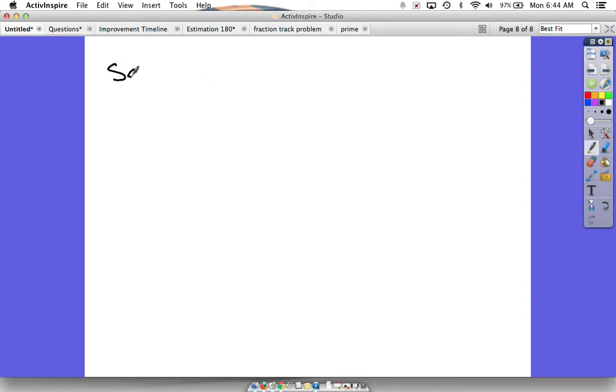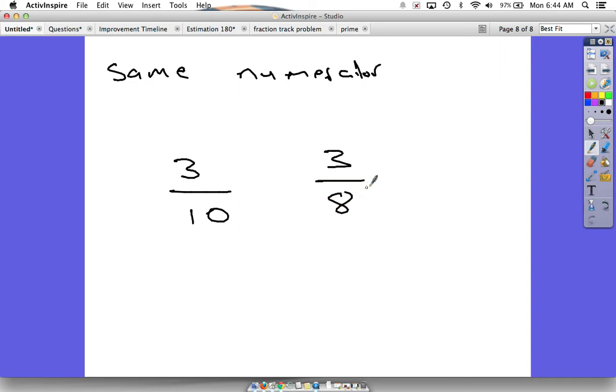The last one I'll cover here is same numerator. What same numerator means is, if we have 3/10, we have 3/8, and let's say we have 3/4, and we have to decide which one of these is the bigger fraction or which one is the smaller fraction.